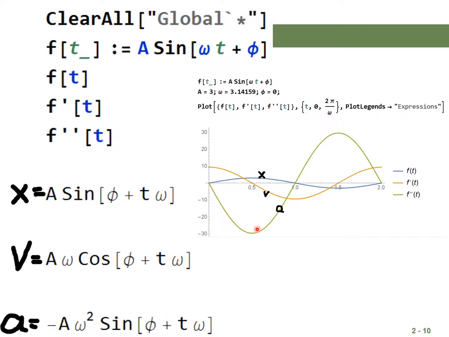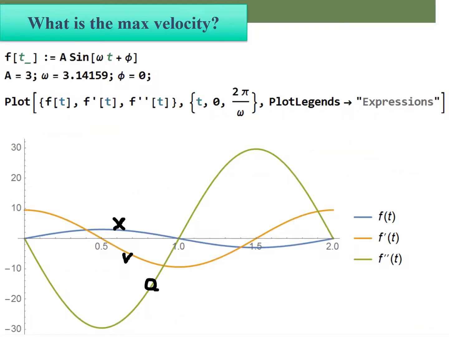So position and acceleration are mirror images of one another. And the zero velocity is going to happen when our acceleration is a max. So hopefully you can start remembering some of the relationships between position, velocity, and acceleration. We've come all the way full circle to chapter 11 again.